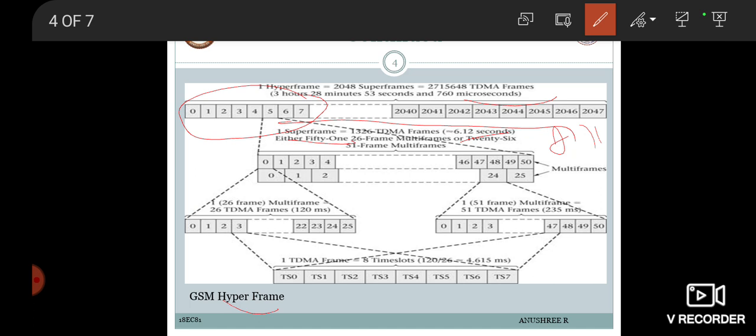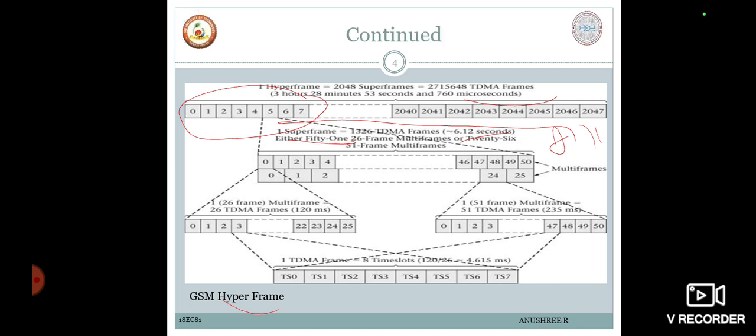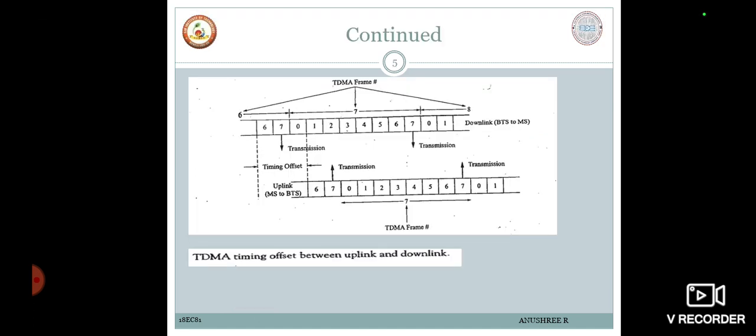Now, after knowing this, let us move on to the time slots. The organization of the transmitted digital bits within the air time slot itself can take on several different formats depending upon the type of information. Now, moving on to the air interface that we are going to study in the next slide.